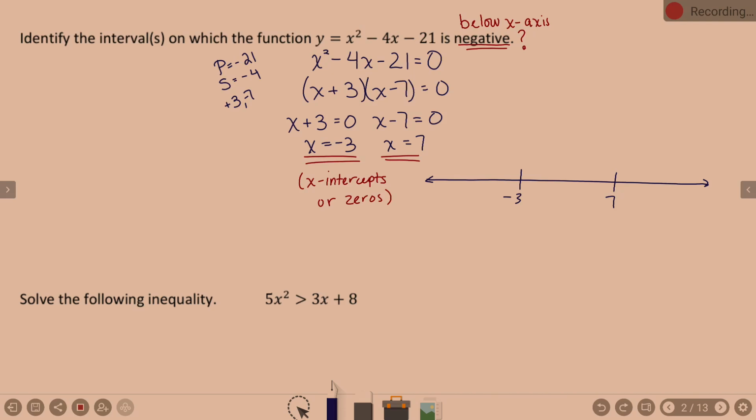And what do I do? Pick some values we want to test. What are we picking to the left of negative 3? Can't use negative 2. I can go with negative 4.